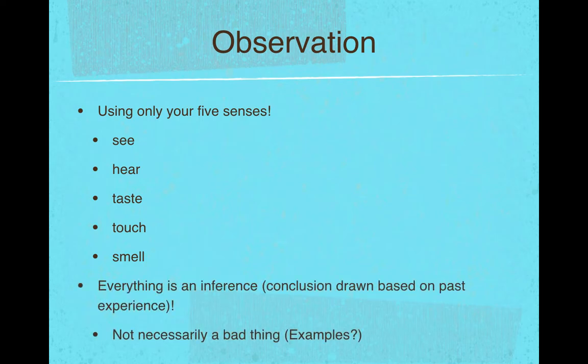Okay. If you are making an observation, in quotes, but you are not using one of your 5 senses, it's called an inference. And an inference is a conclusion drawn based on past experiences. And that's not necessarily a bad thing. You don't have to touch the oven or the stovetop while your mom's cooking pasta to know that it's hot.